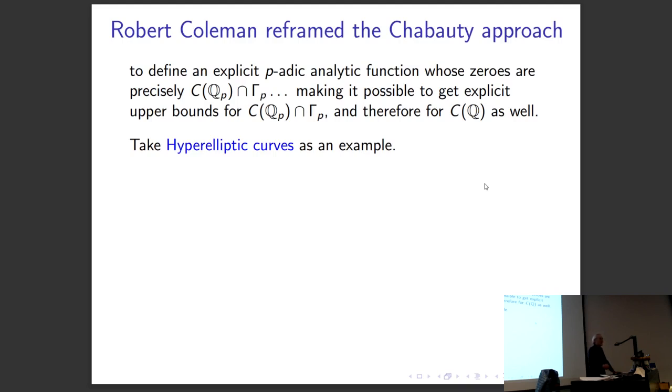And therefore, if you have this analytic function and you understand it well, you can begin to make bounds, you can begin to make predictions. The intersections would be the zeros of a certain p-adic analytic function on C that you can compute to some extent.